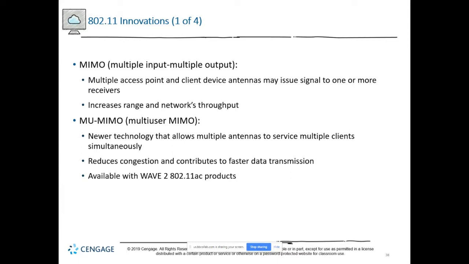It increases our network throughput and our range to have these multiple inputs and outputs for one device. And then we extend it further on some of our commercial grade, where you can even have multi-users with multiple antennas that can service our multiple clients simultaneously.